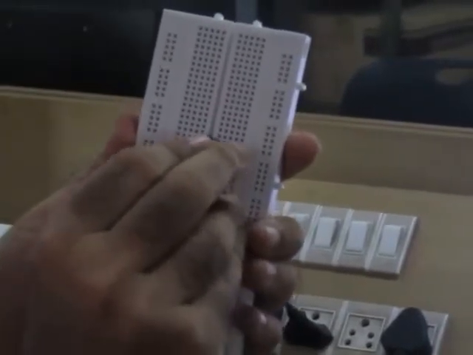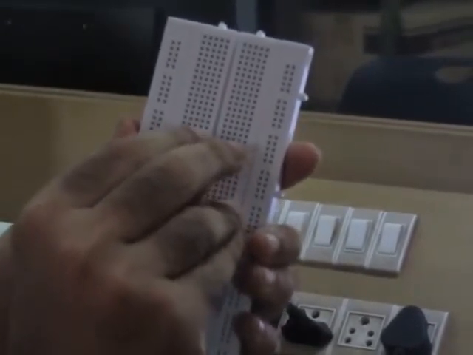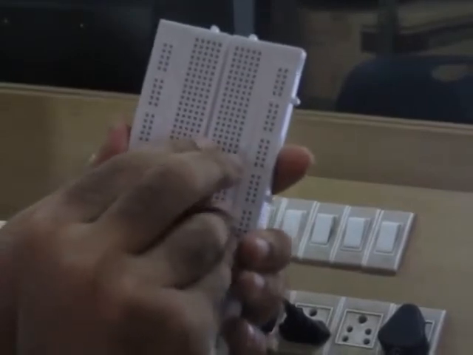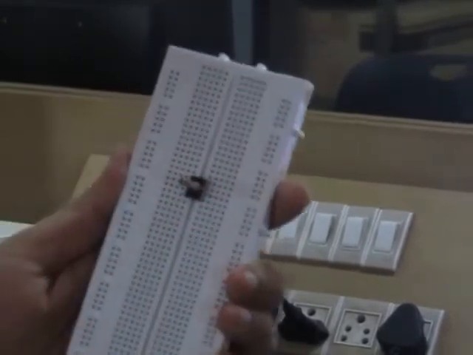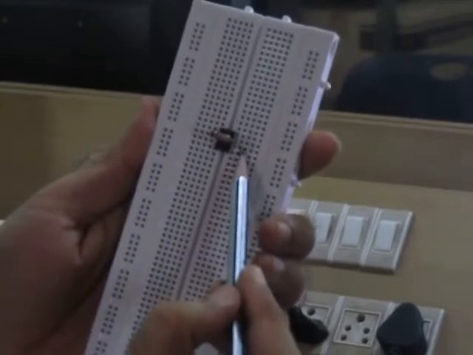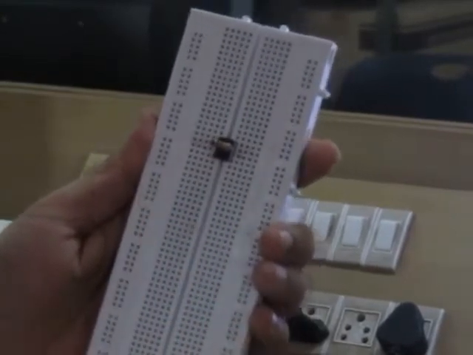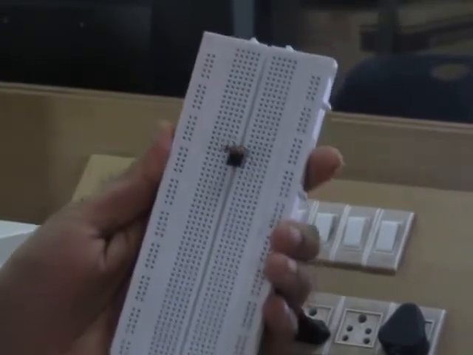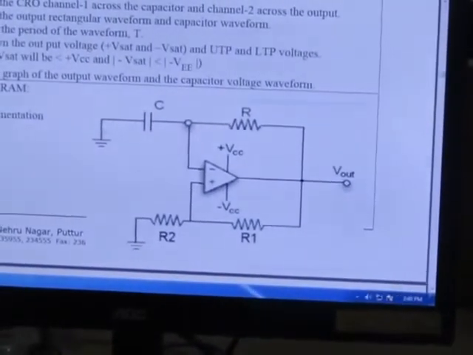What I am going to do, I will use from pin number 6, that is the output, connected to pin number 2. Later you can see in the figure, from pin number 2 we connect the capacitor.